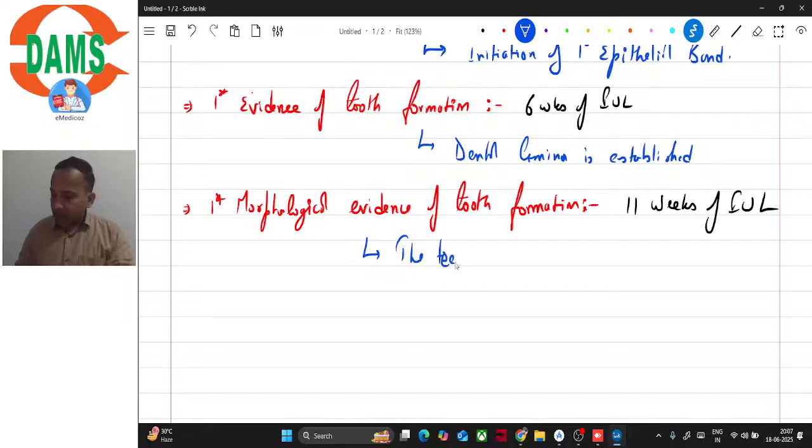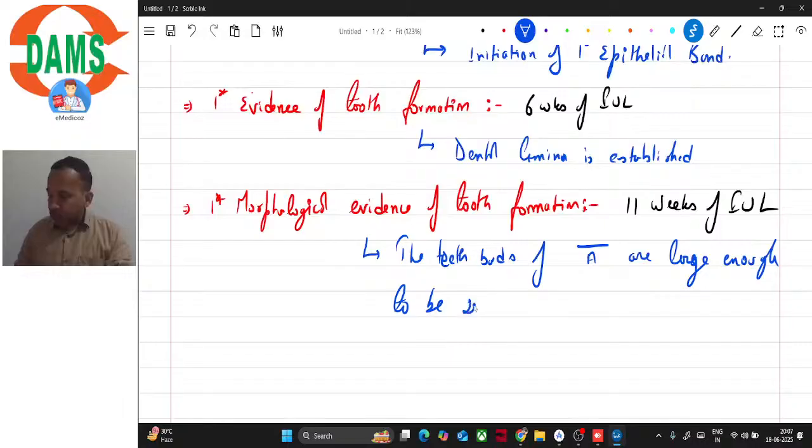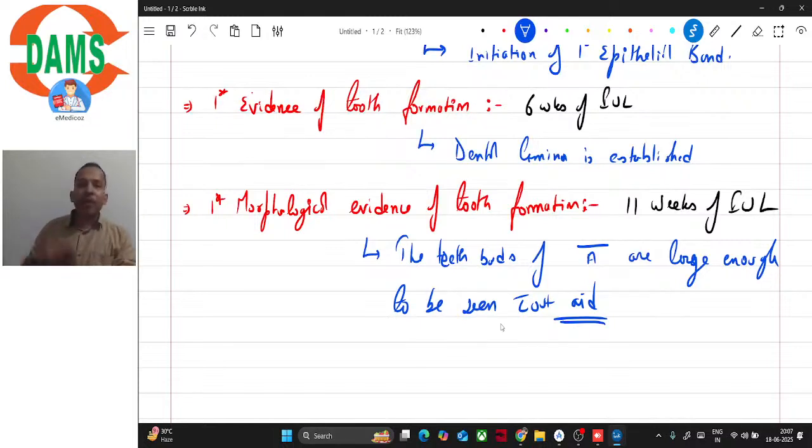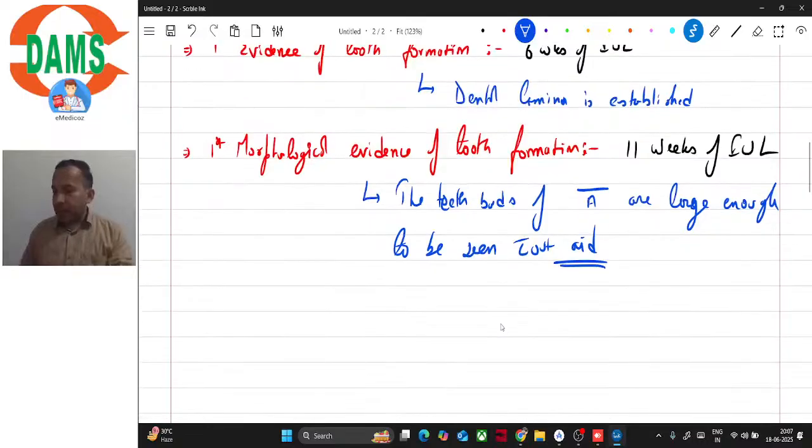The tooth buds of lower central incisors, right, lower A's, are large enough to be seen without any aid, without any microscope; you can visualize these tooth buds. Clear?